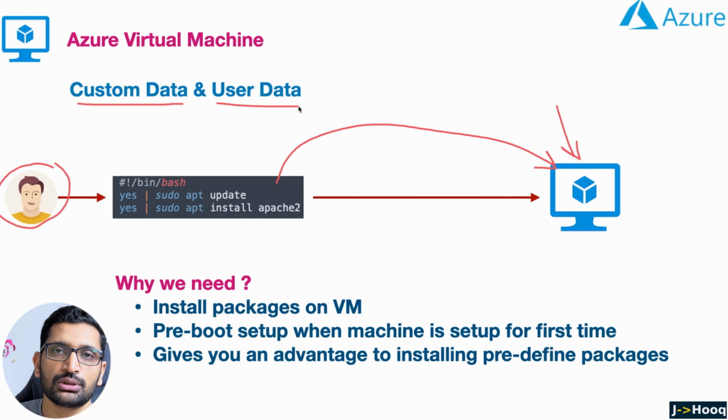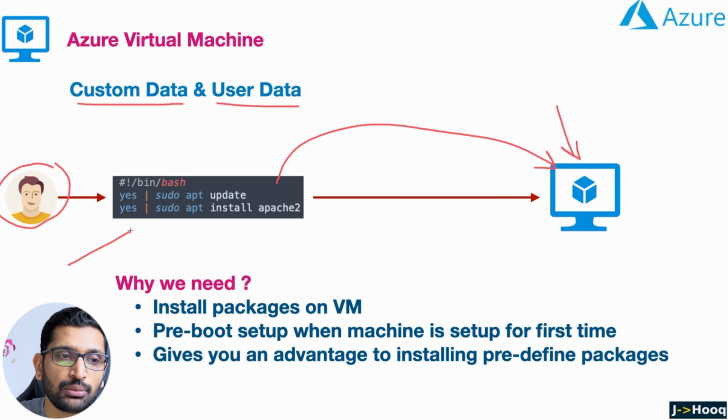So these are two concepts which are very similar in behavior and implementation, but there are some key distinct differences between the custom data and user data, which we will take care of later. But at this point of time, if you need to install anything at boot time or any initial phase, then you will use the custom data and user data to configure those scripts to be installed onto that particular virtual machine.